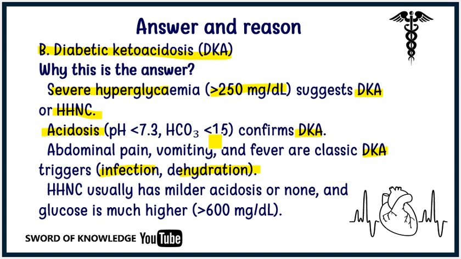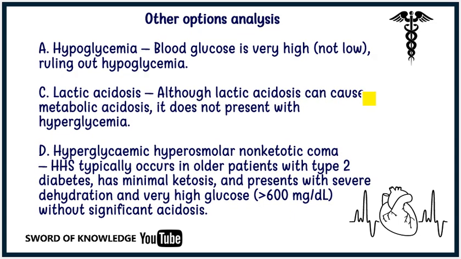Also, we have acidosis, as bicarbonate is low and pH is also low, as given in the case. HHNC usually has milder acidosis, not severe acidosis, or no acidosis at all, and the glucose is much higher, more than 600 milligram per deciliter, and it presents with dehydration. Okay, so the case is of diabetic ketoacidosis. Let's discuss why the other options are not correct.